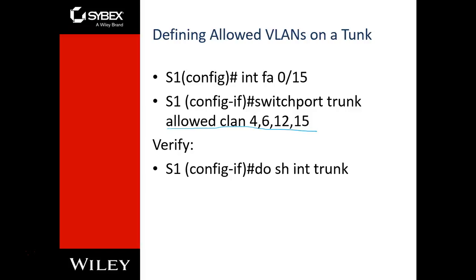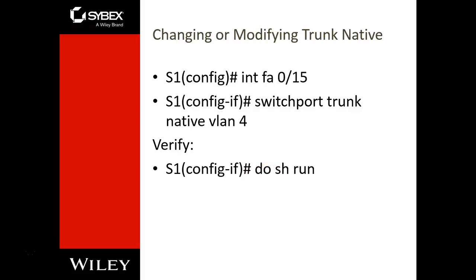But if you wanted particular VLANs to not be there, you can give it the allowed VLANs: switchport trunk allowed vlan, and then whatever VLAN numbers are allowed. Then you can show the trunk, and it will tell you that. I'm sure there are instances where you would want that to happen. I think mostly it's there so that they can ask test questions.